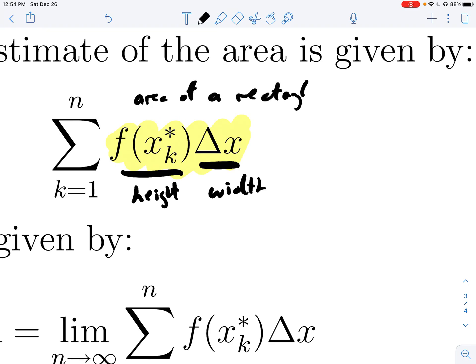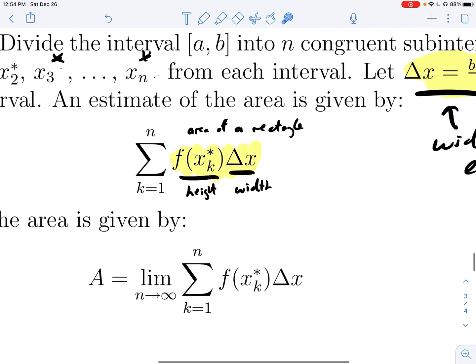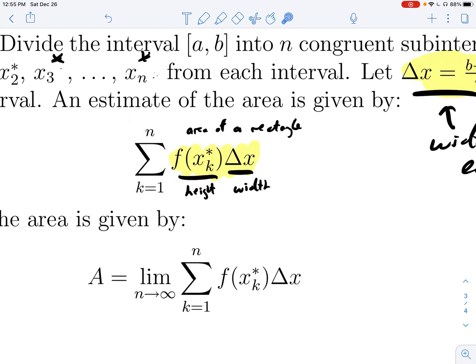And then we're just adding them all together. So this is just a really abstract way of presenting what we did before. This is the width of how wide the base is. This is the height, which we got by picking a point and evaluating the height of the curve. And then we add them all together.